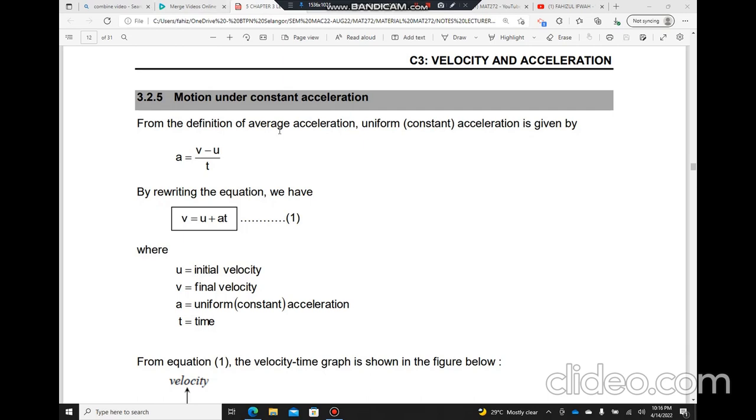Okay, so here if we want to base it on average acceleration, maksudnya purata pecutan. A is for acceleration.